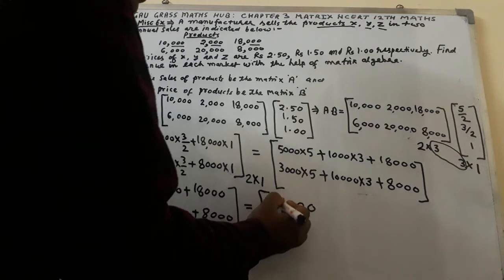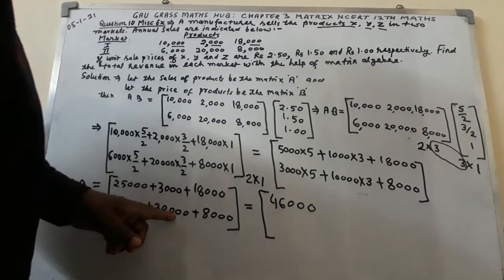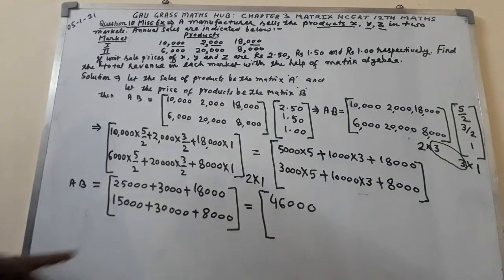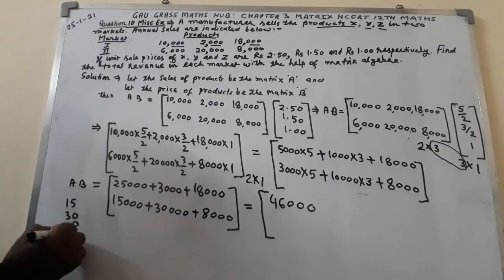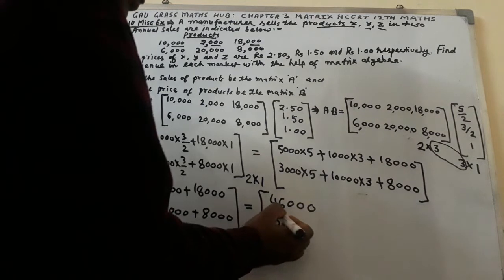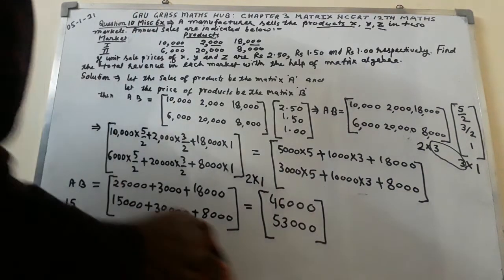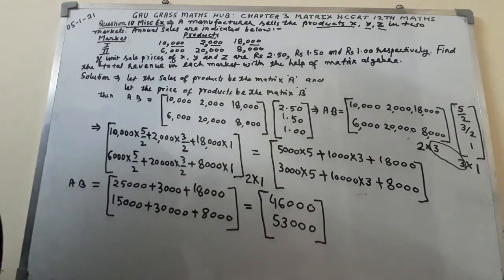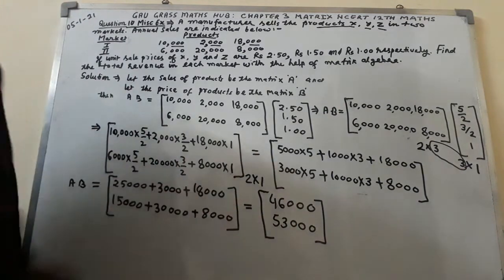Again for the second row, 30 plus 15, and 15 plus 30 added to 8, we get 53. We get 53,000. 46,000 and 53,000 will be the correct answer.